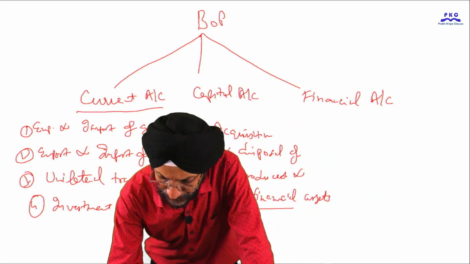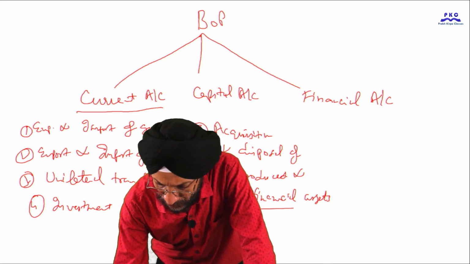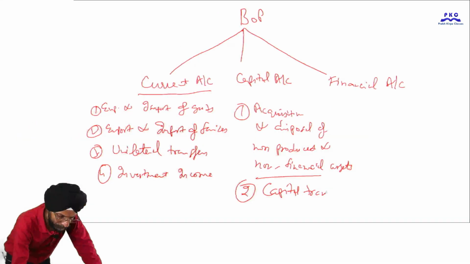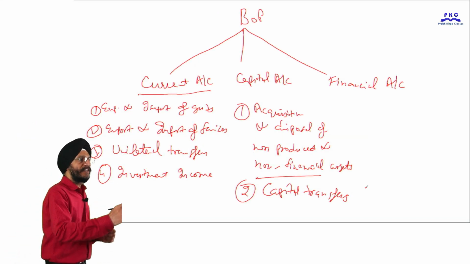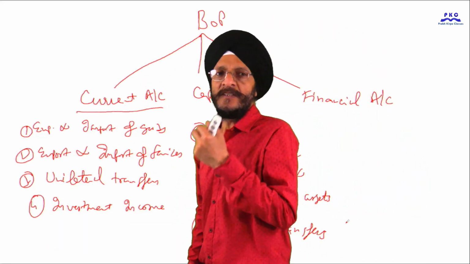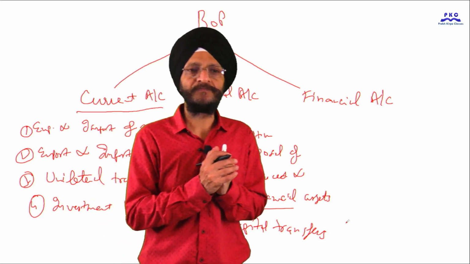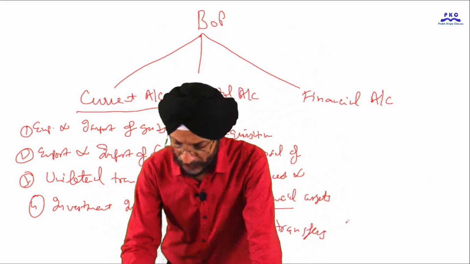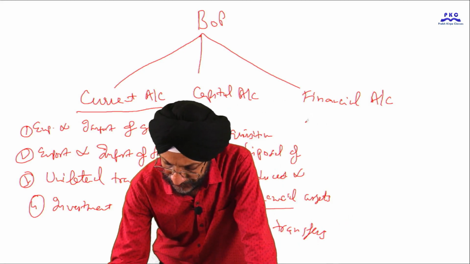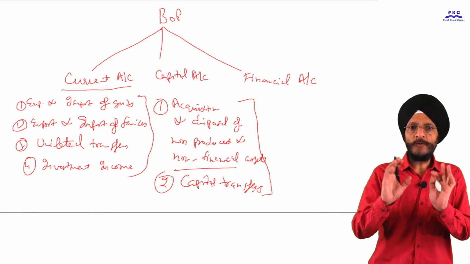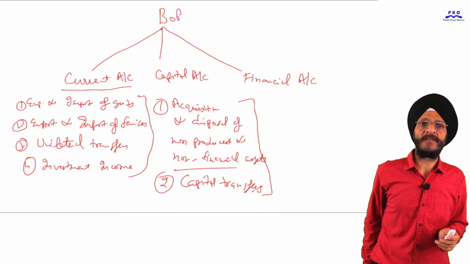In the case of capital account, we also record transactions pertaining to capital transfers. If a country forgives its right to receive debt, it is recorded in capital transfers. So you can see from here that current account has four components and the capital account is concerned with non-produced and non-financial assets and capital transfers.